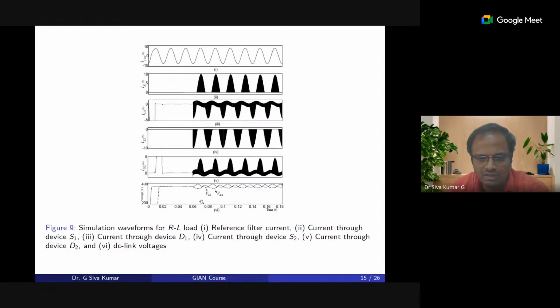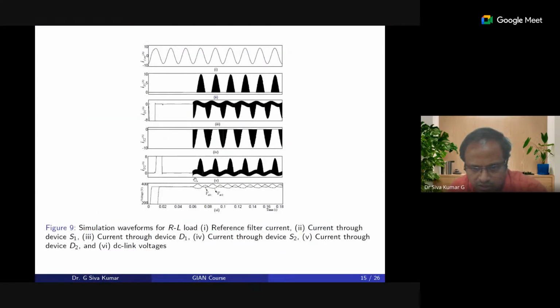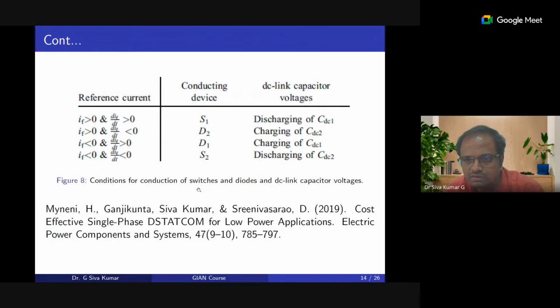You can see the voltage here. The solid one shows the VDC1 voltage during the positive cycle of the current. What I said is that it is discharging, right? Maybe the labeling has not been done properly here; VDC1 is in discharging mode, but what is written is charging.